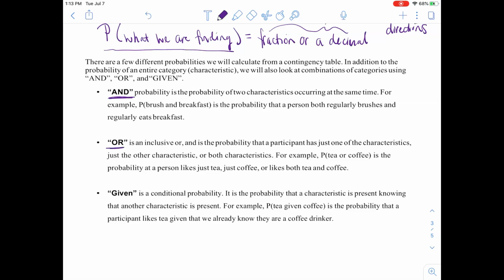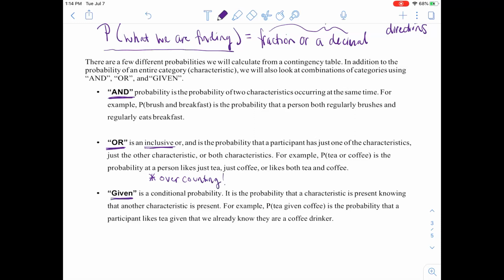The or, again, just like your truth tables, is inclusive. What that means, as a refresher, is that either one is happening or the other one's happening or both of them are happening. This is something you want to be very careful with overcounting. That's a big mistake we make.